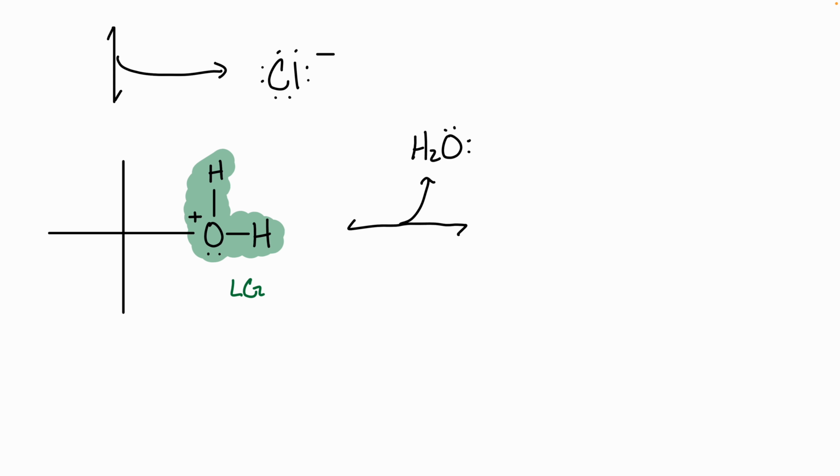Okay, but it just kind of falls off. There's nothing that kicks off that leaving group. There's no nucleophile that attacks. It just kind of falls off of that tertiary carbon. So why is that? Why would that just completely fall off our tertiary carbon?